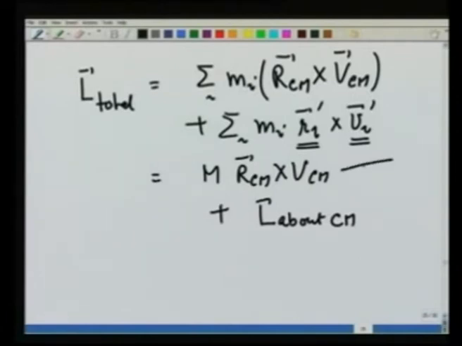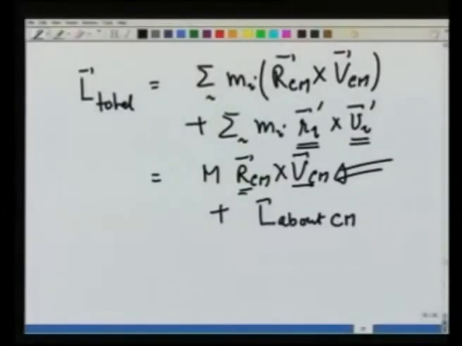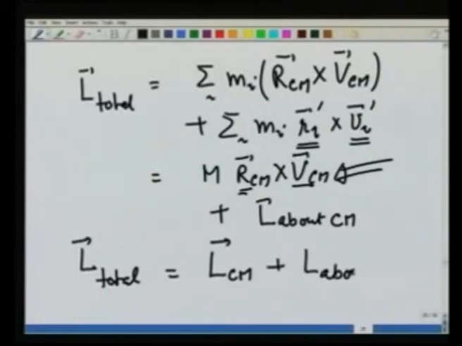And this quantity is nothing but as if there is a massive particle of mass m moving with velocity V_CM at distance r_CM. So, this is nothing but the angular momentum of center of mass, and therefore, I can write L total as equal to L of CM plus L about CM.